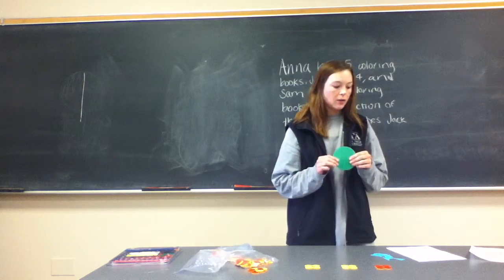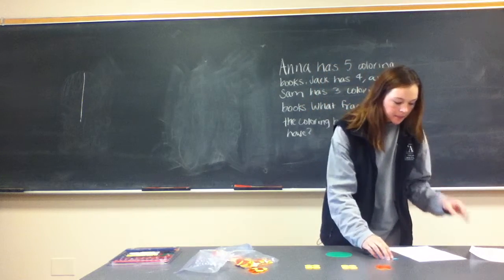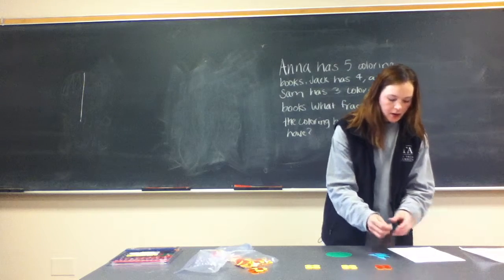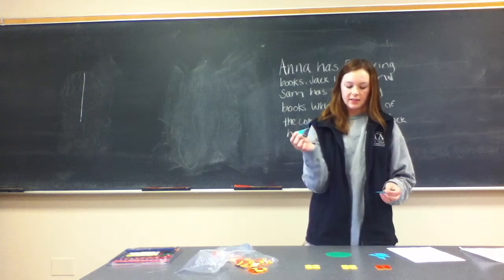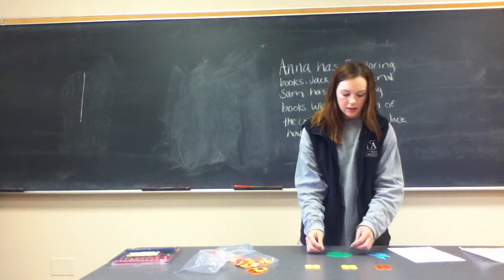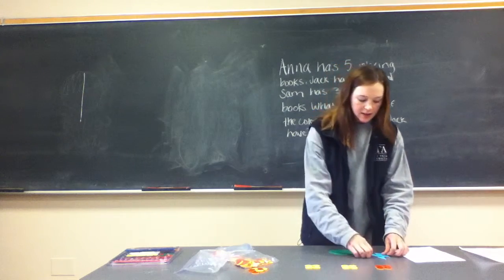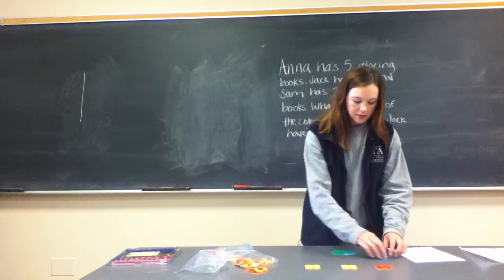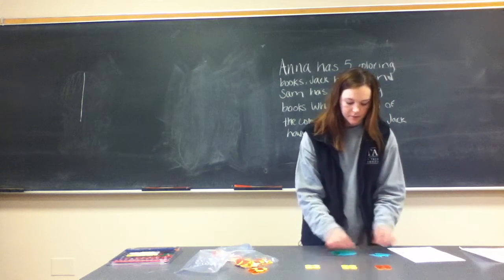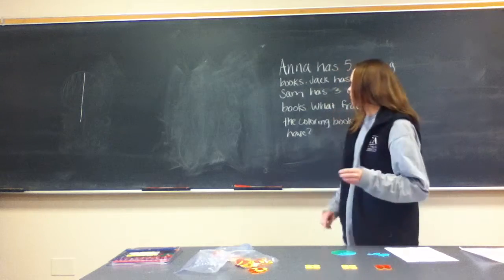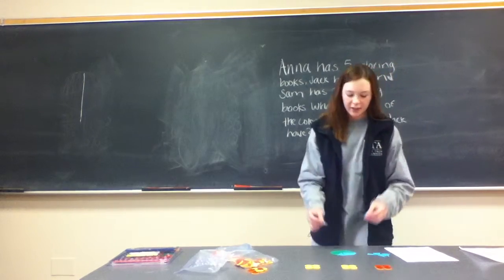So this is going to be our whole, and we're working on the same problem. So I have these little pieces right here, and I have 12 of them. So if you split this into 12 equal sized pieces, we would put these blue on top of here, because we know that our total number of coloring books is 12.